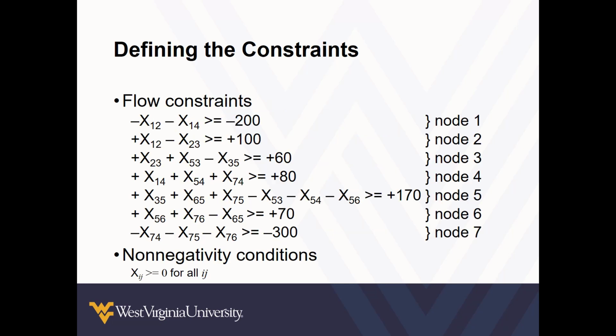So defining our overall flow constraints, it looks a little bit like this. And you're probably thinking, wow, that's a lot. But we have to have a constraint for each of our nodes, and it is also worth noting that for node 1 and node 7 we see the negative signs.